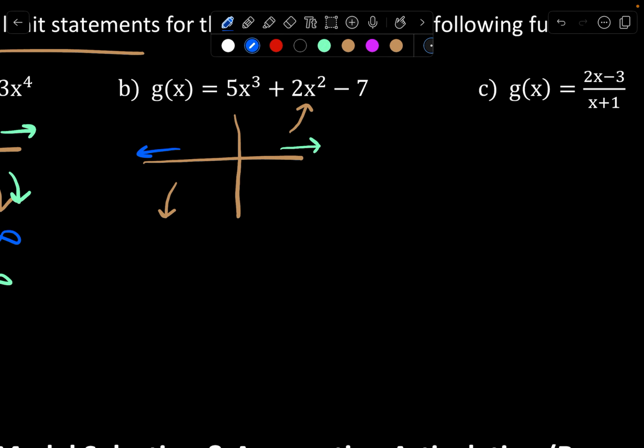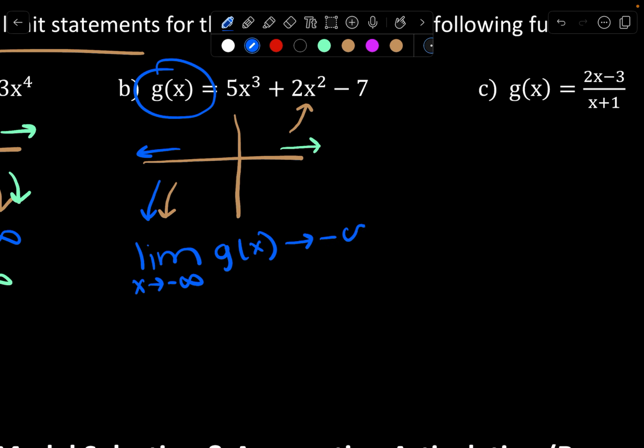So for the left limit statement, which means the limit as x approaches negative infinity, for g of x, it's not f of x anymore, my y values are decreasing without bound, so they are approaching negative infinity.